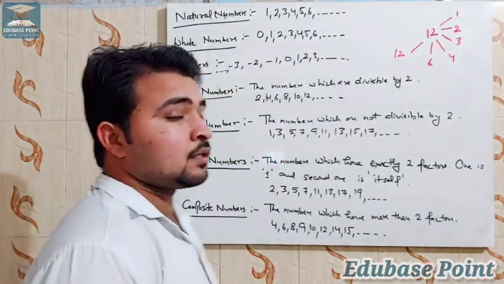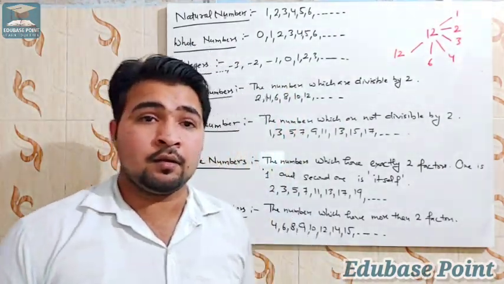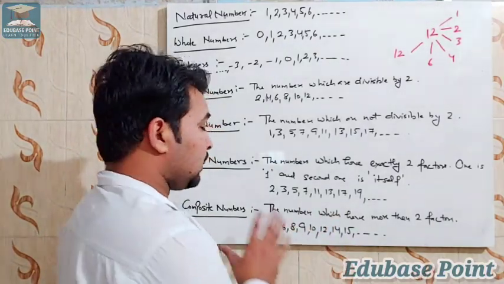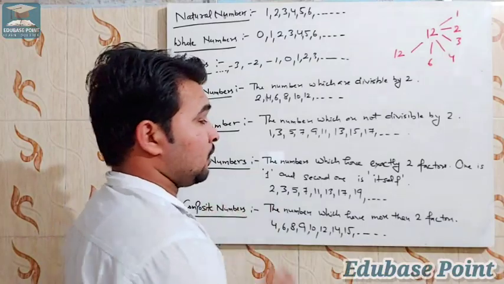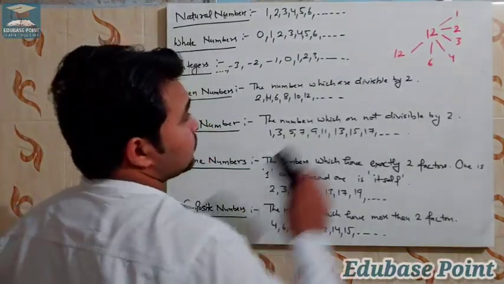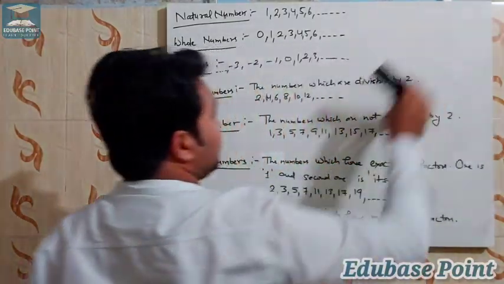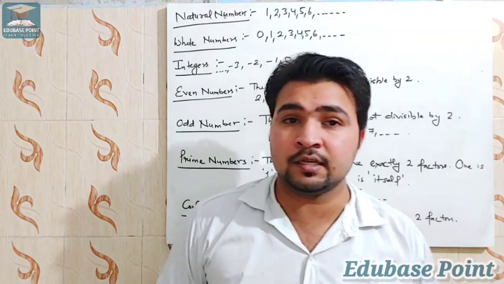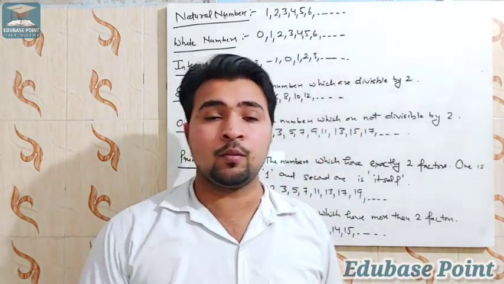But one of the interesting things is that I am not writing the number 1, not in the prime nor in the composite. This is the special case. 1 is the special case of prime numbers and composite numbers.